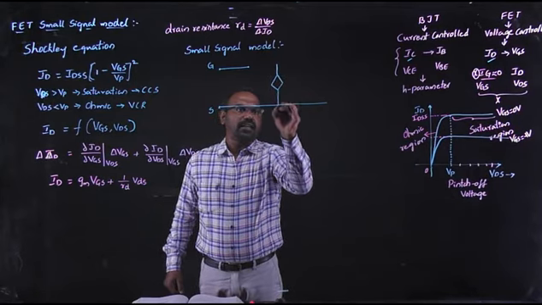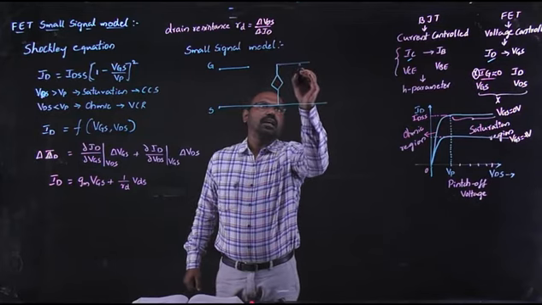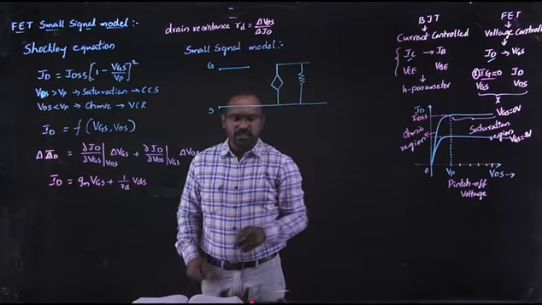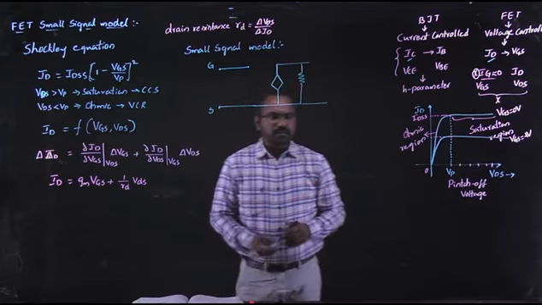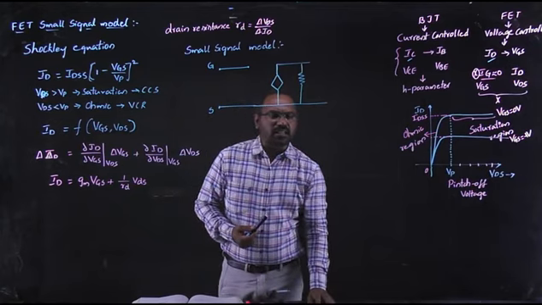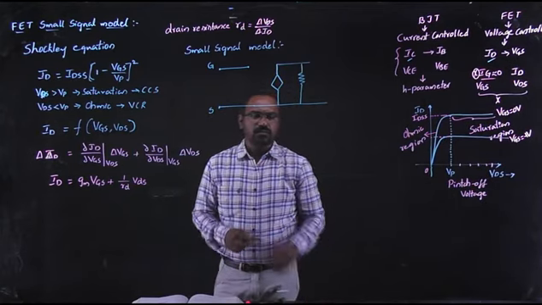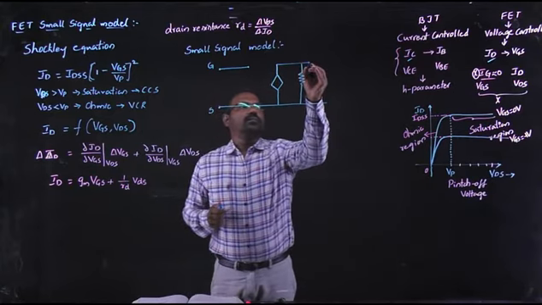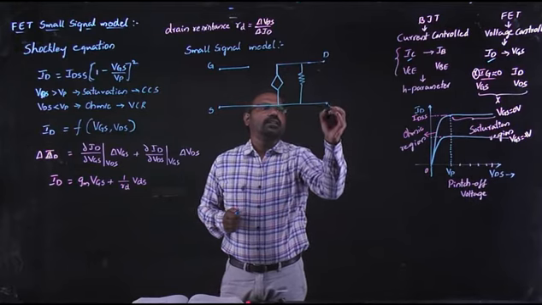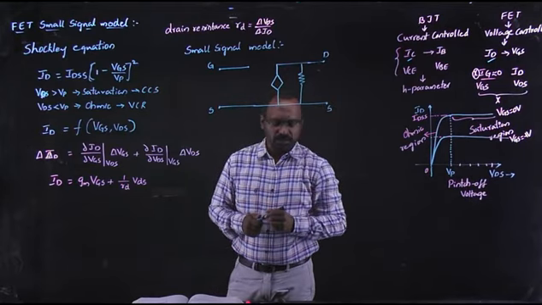I am having a current source and the drain resistance RD. So this is the drain terminal and this is the common terminal, the source terminal.